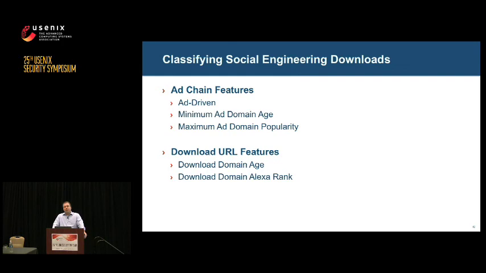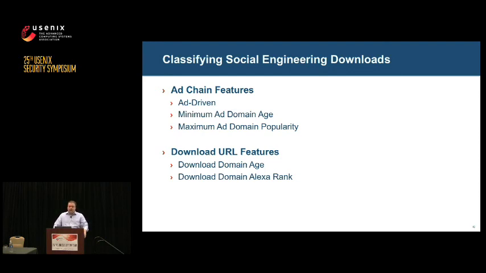This feature looks at our historical classifications for both social engineering downloads as well as benign downloads, and finds the popularity of the ad in those classes and uses that as a feature. The idea here, as I showed you before, is that a small number of low-tier ad networks are often responsible for the majority of social engineering downloads.